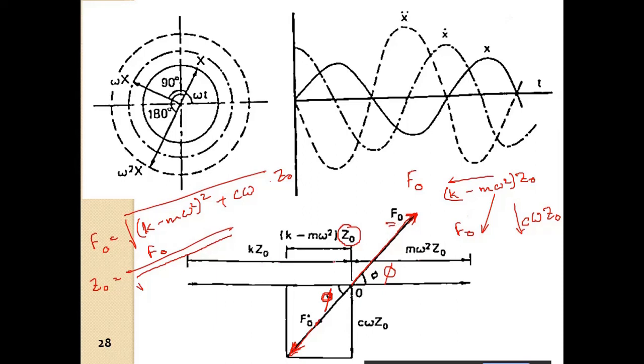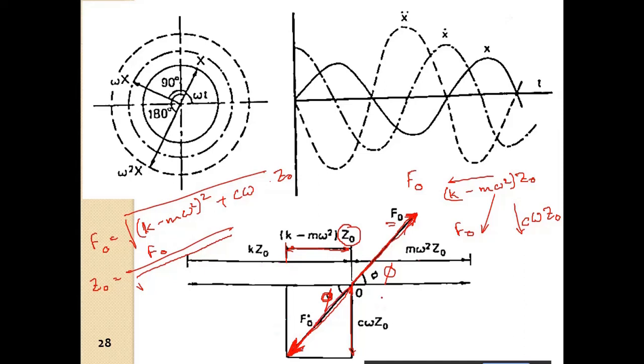That will always be opposite to the force from the system. The system will oppose this motion. So this is the resultant force from the system, and this is the applied force. Action and reaction.